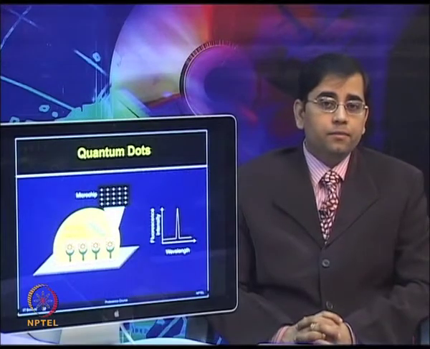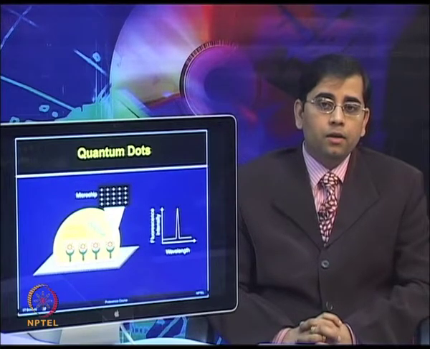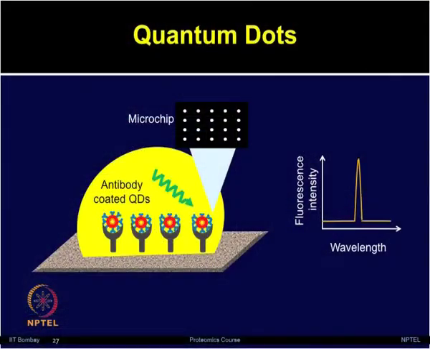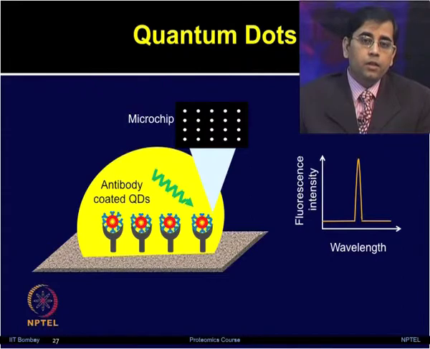In this slide, one of the applications of quantum dots is shown. The application of semiconductor quantum dots as labeling agent for sensitive detection of target proteins in an array format is shown here. The protein analytes are detected by monitoring the emission spectra of bound quantum dots.